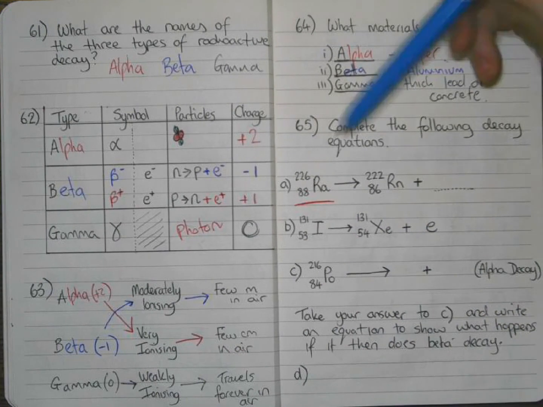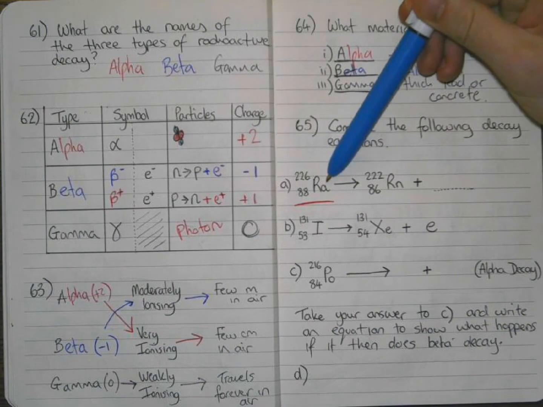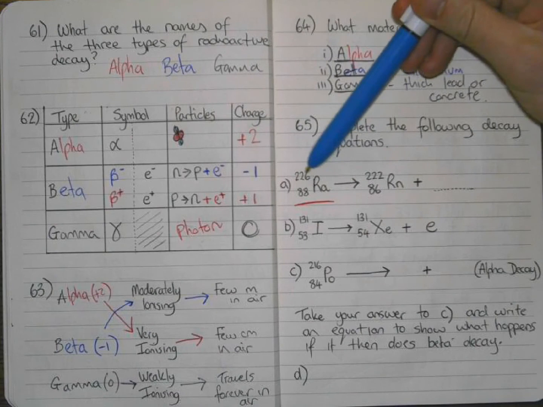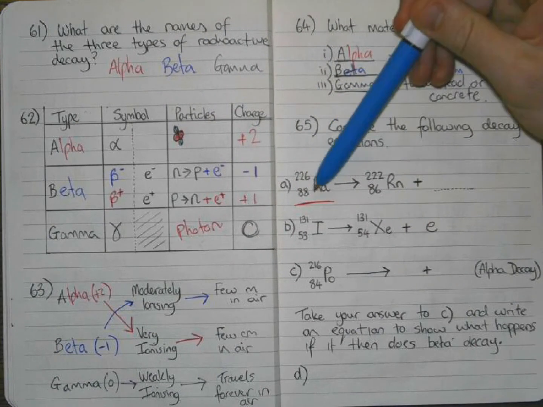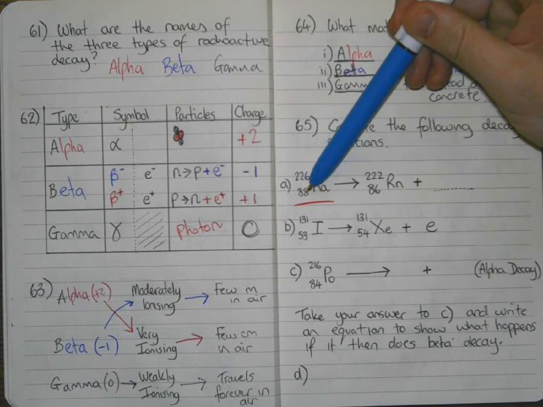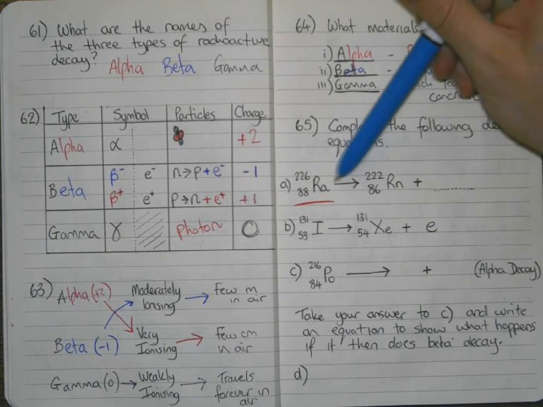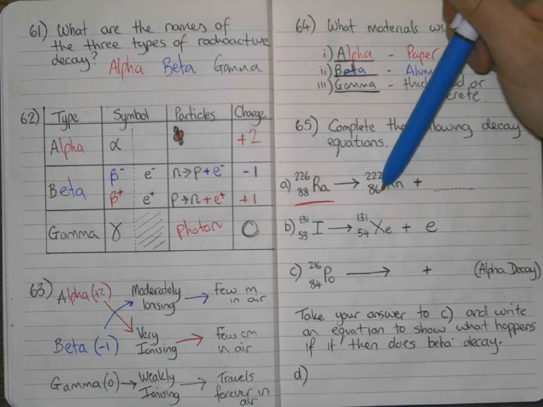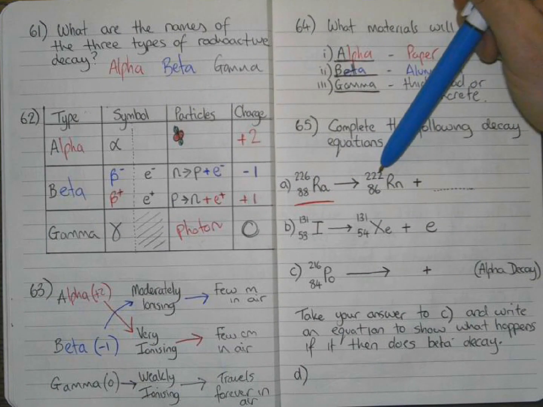So let's look at what's happened. We've got an element which has 226 protons and neutrons. It has 88 protons. The element that it forms has 86 protons and 222 protons and neutrons.